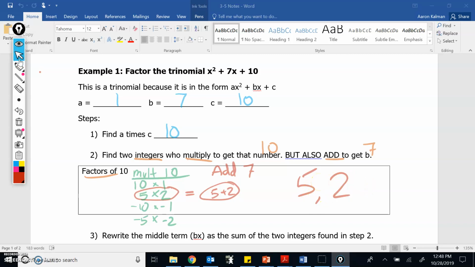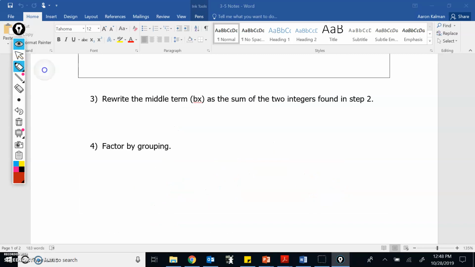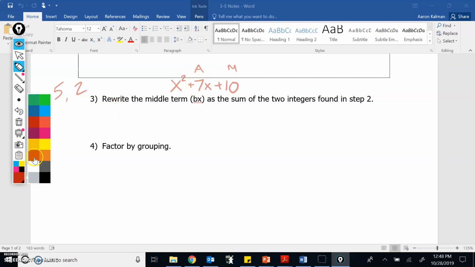Let's look at our next step. After we get the two factors, now it's very similar to the grouping part. Our original problem started out as x squared plus 7x plus 10. The third step, after we found the two numbers that multiply to get 10, but add to get 7, we're going to rewrite the middle term.